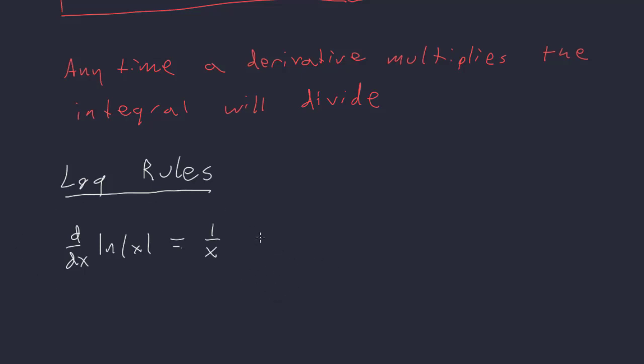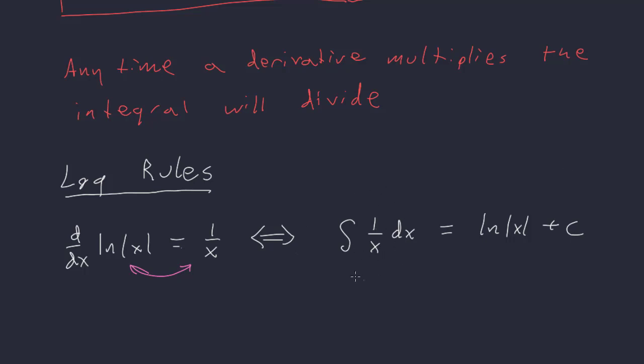Okay, well, if this is true, there's not much work to do to reverse this, because this will tell us that the integral of 1 over x dx is simply the natural log of the absolute value of x plus c. Okay, we just reverse things when we set up the integral.